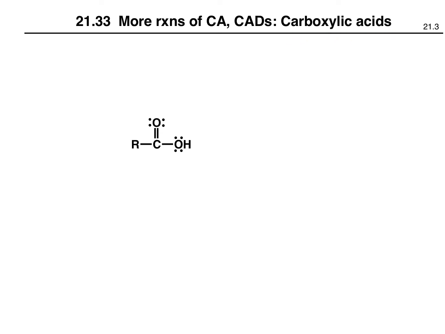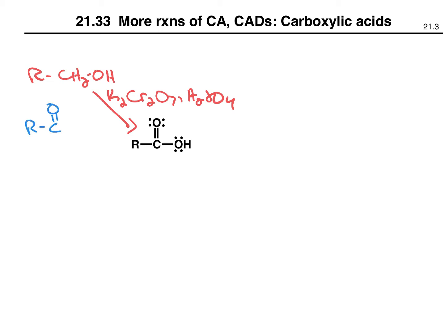So first of all, with preparation, we know that if we have a primary alcohol, we can oxidize this with potassium or sodium dichromate, sulfuric acid, and that will give us a carboxylic acid. We also know that we can oxidize an aldehyde using the same conditions to give us the carboxylic acid.